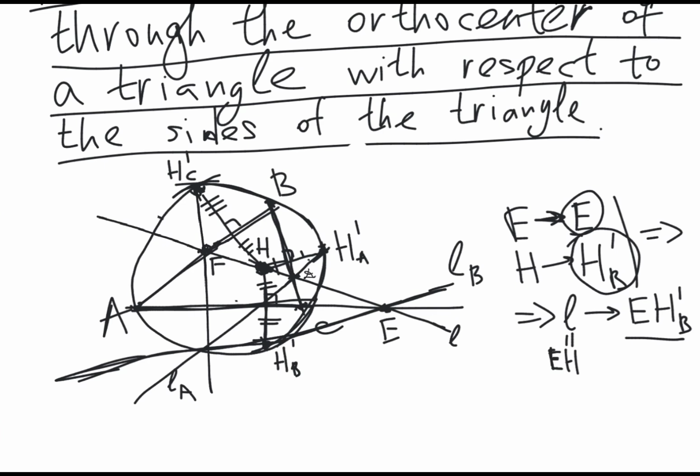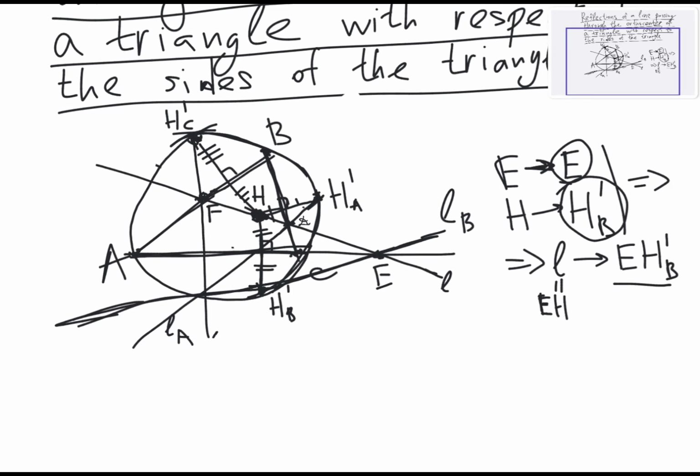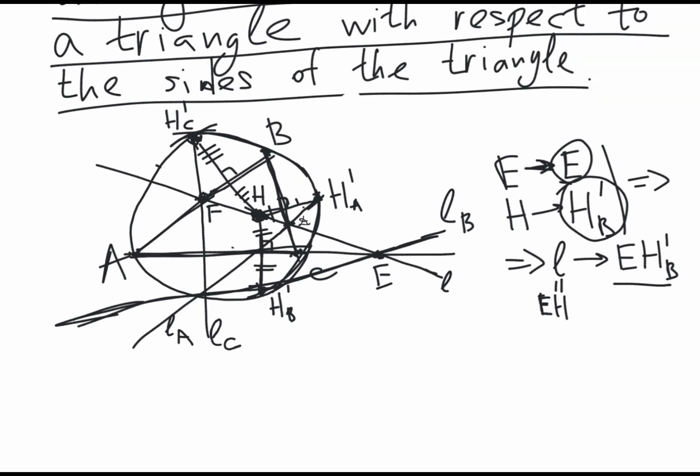The main statement now, the theorem, is that this is the line LC, and these three reflections, LA, LB, and LC, intersect at a single point, and this point lies on the circumcircle. We denote the circumcircle as omega.